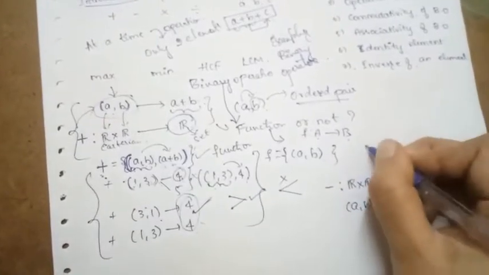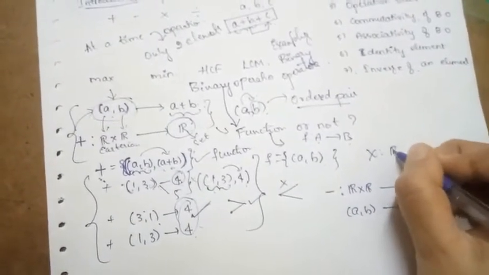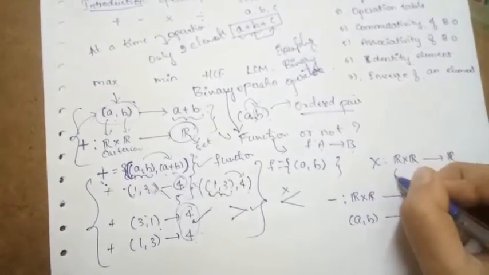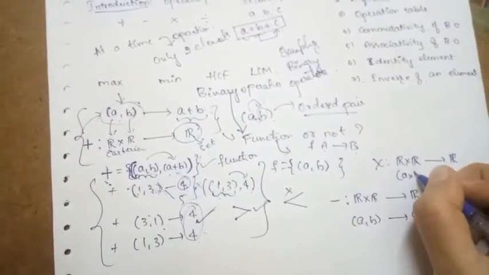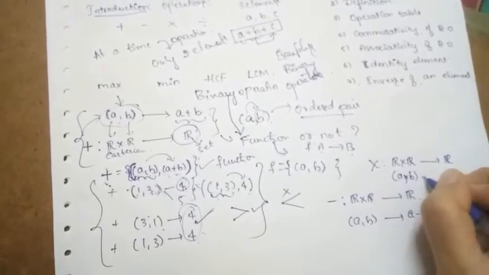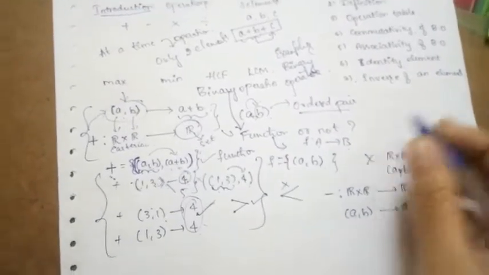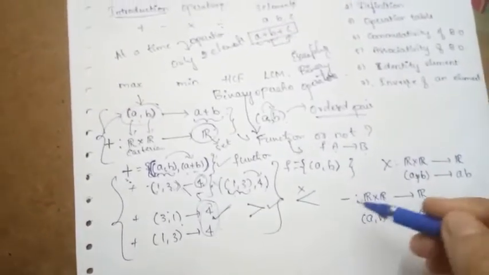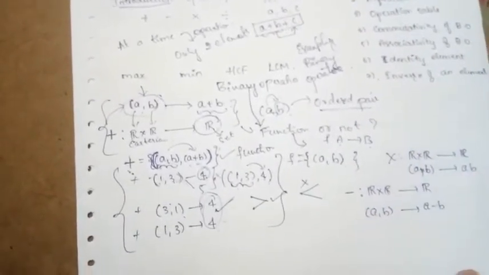Similarly for multiplication: R cross R to R, where (a, b) maps to ab. So like this, binary operations are used for subtraction as well as multiplication.